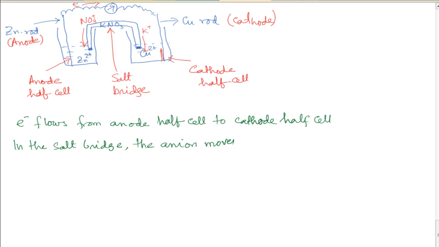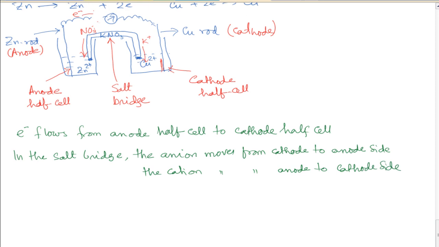It moves from the cathode side to the anode side. It is not really moving from the cathode itself, but from the side. And the cation moves from the anode side to the cathode side. So this is therefore the galvanic cell.